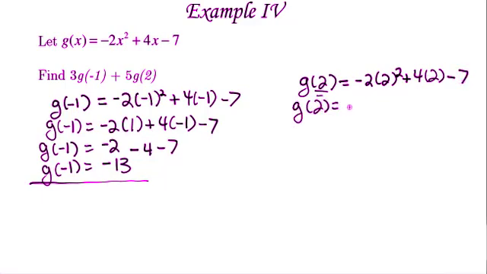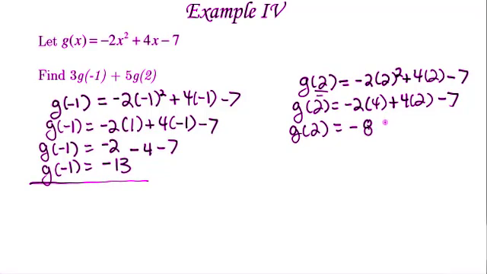So g of 2 equals negative 2 times 4 plus 4 times 2 minus 7. Next step, using order of operations, is to take care of the multiplication. Minus 2 times 4 is negative 8, plus 8 minus 7. So g of 2 equals, well, negative 8 plus 8 is 0, so that just leaves me with a negative 7.